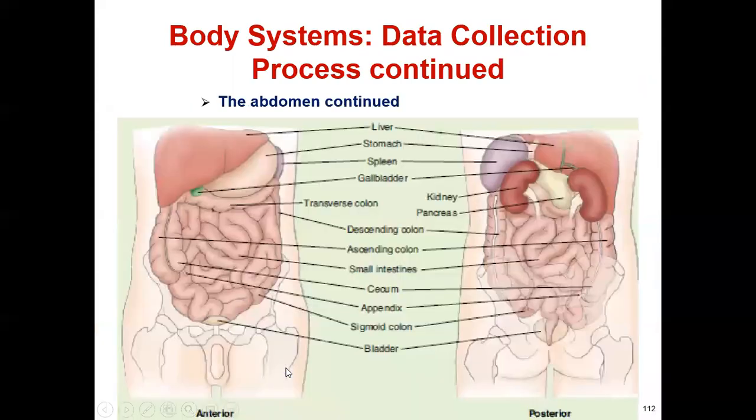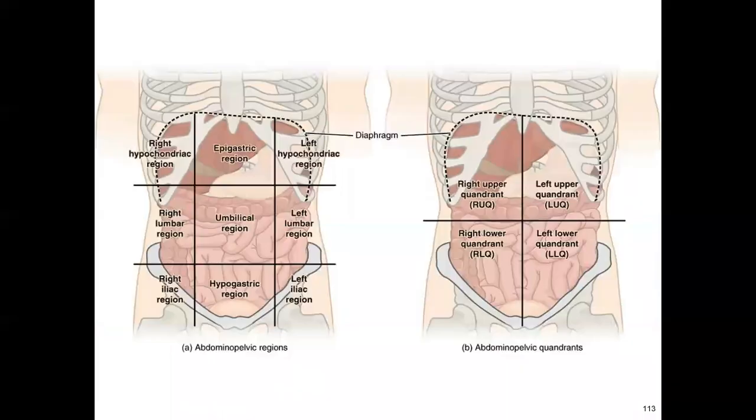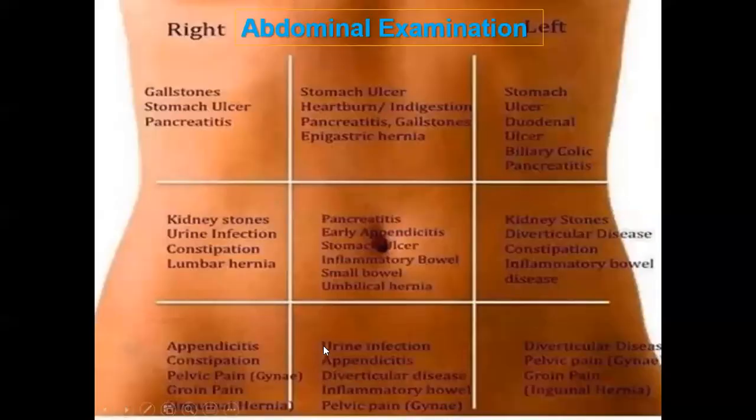If the pain is in this area, the suprapubic area, this is called suprapubic. If the pain is here, maybe it is because of urinary infection, UTI, appendicitis, diverticular disease, or pelvic pain, gynecological problem.